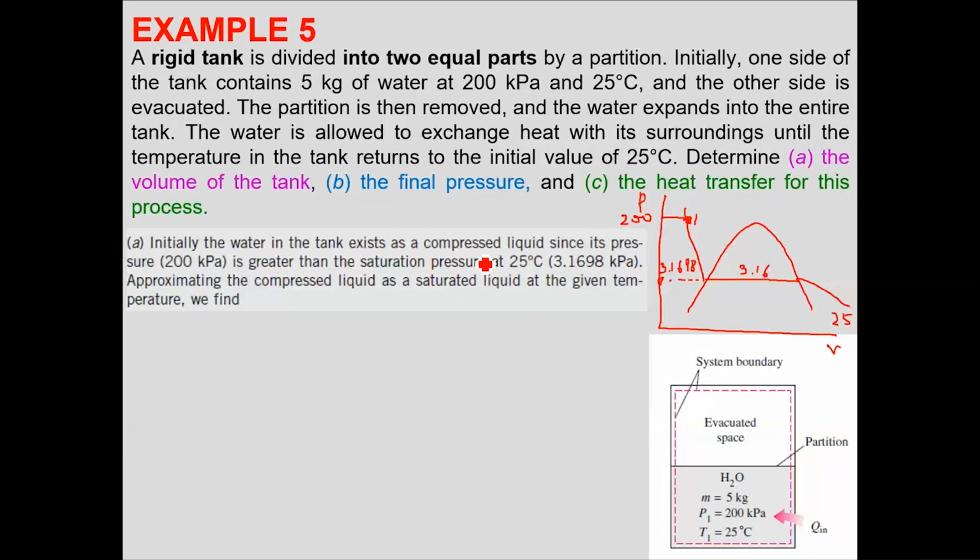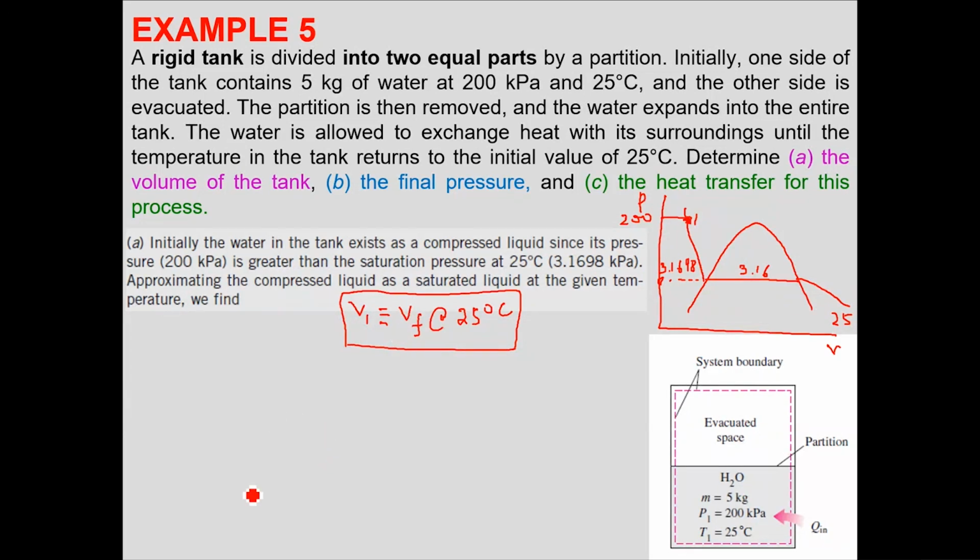So for the compressed liquid region, the approximation is that the specific volume at state 1 can be approximated as Vf at the same temperature, which is 25 degrees centigrade. This is the approximation that you can use for compressed liquid, if you remember.